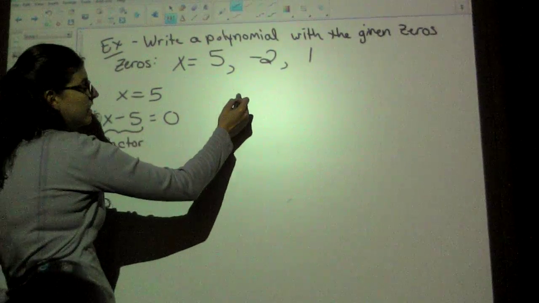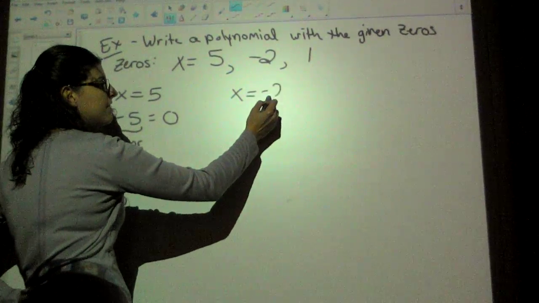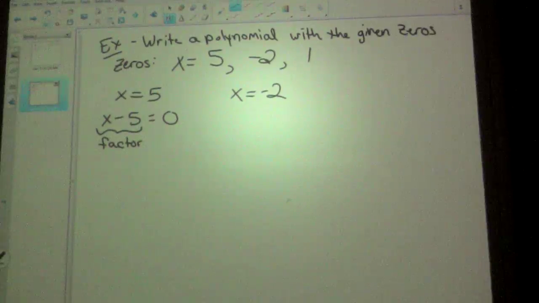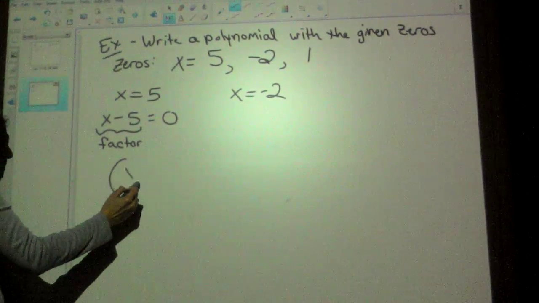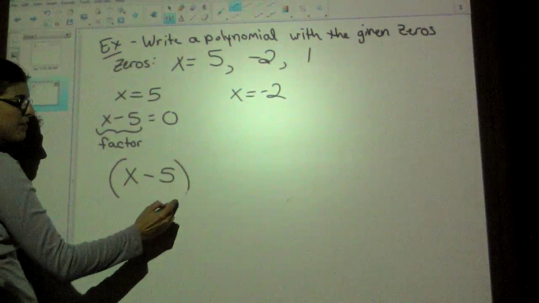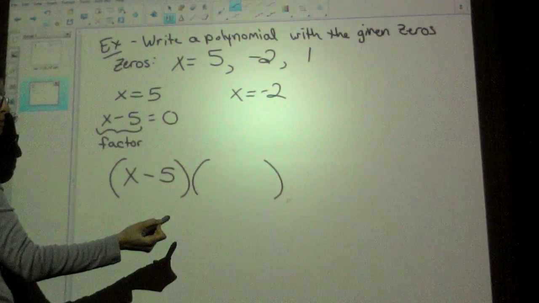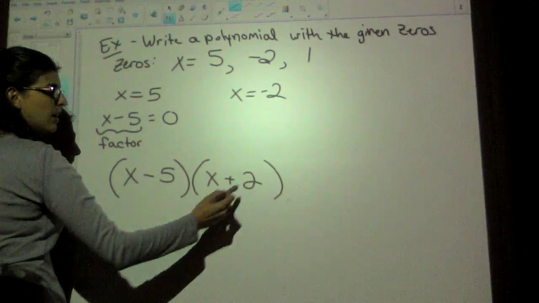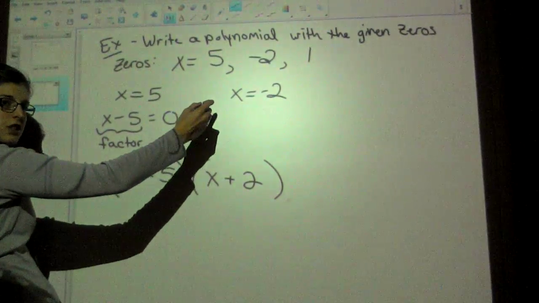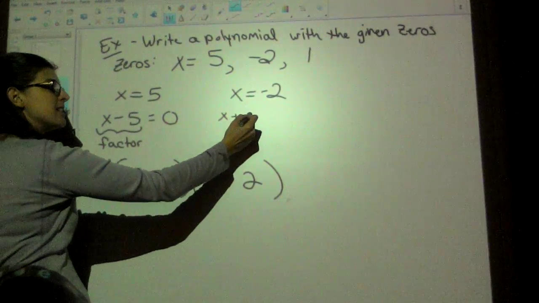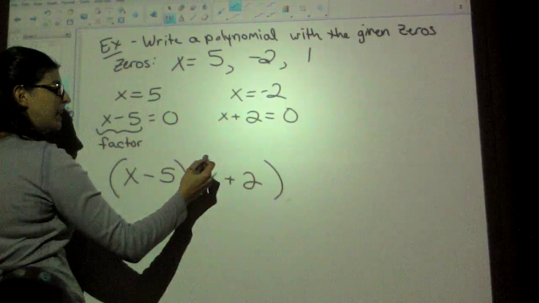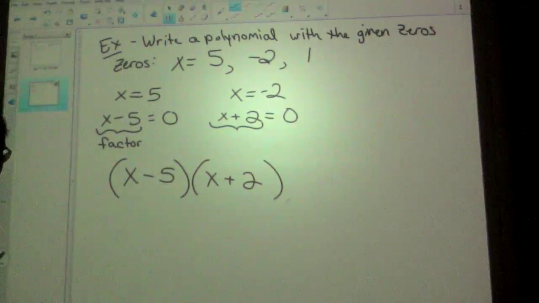All right. How about x equals negative 2? What's the factor that gives me x equals negative 2? X plus 2. Very good. Okay, because if you add the 2 to the other side to get equal to 0, gives you x plus 2. That's the factor.